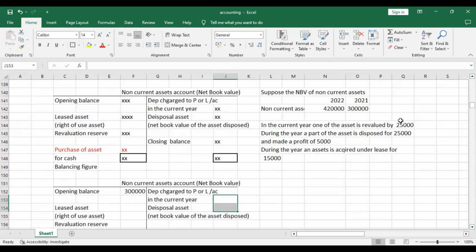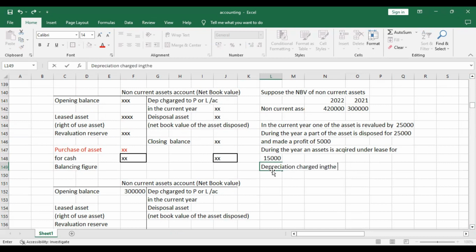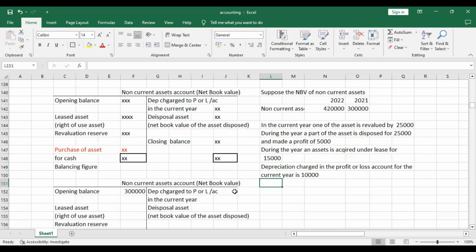Depreciation charged in the account for the current year is 10,000. So the depreciation charge given to you is 10,000.